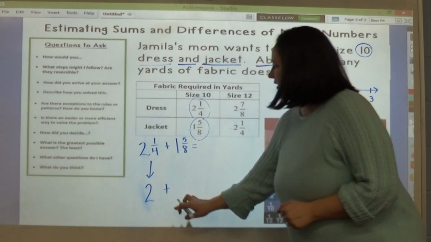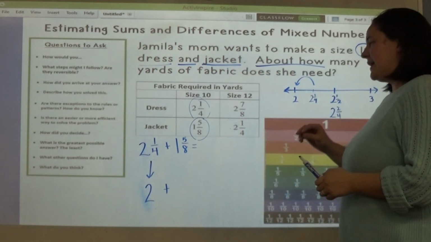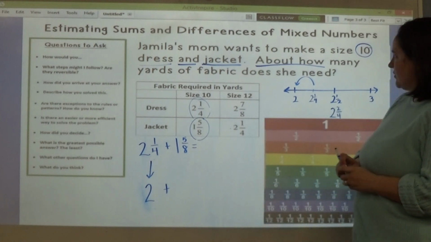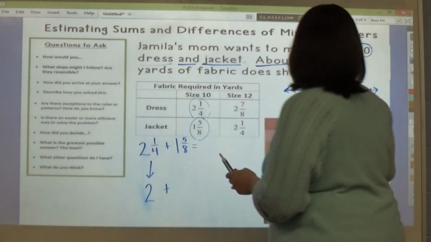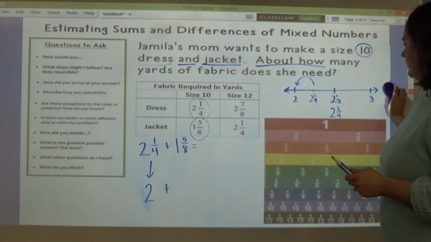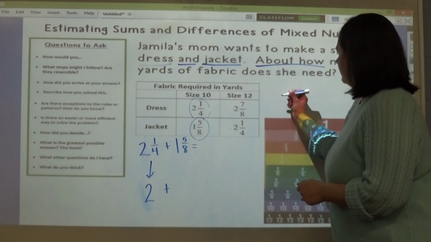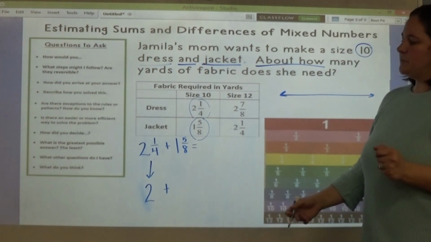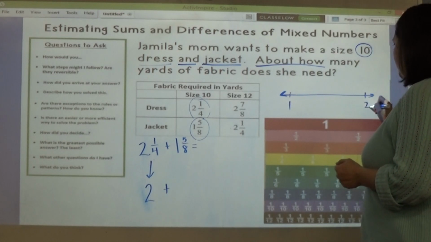Okay, we're going to bring the addition sign down, and now let's take a look at 1 5/8. Let's create a new number line. 1 5/8 is between 1 whole and 2 wholes, so I'll have my number line start at 1 and end at 2.